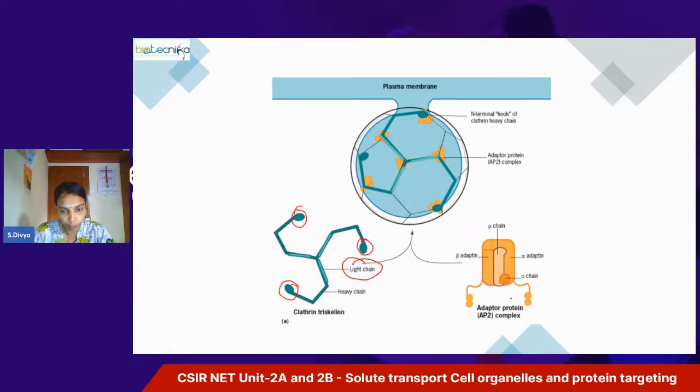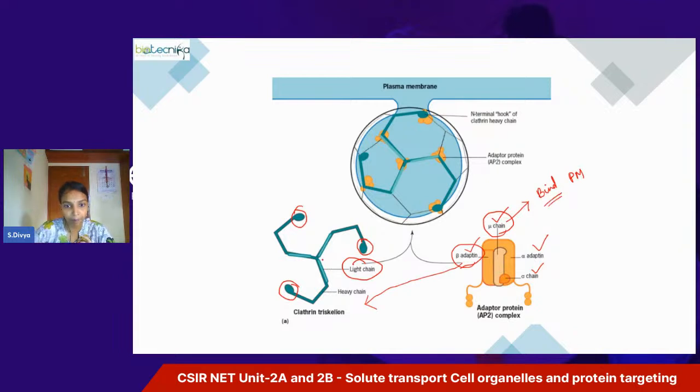Now, if you take into consideration this adapter protein, it has different subunits like mu chain, beta adaptin, alpha adaptin, sigma chain. Among these, what are the two most important components? Mu chain and beta adaptin. Why? Beta adaptin is responsible for binding to this clathrin triskelion, whereas mu chain is responsible for binding to the plasma membrane.